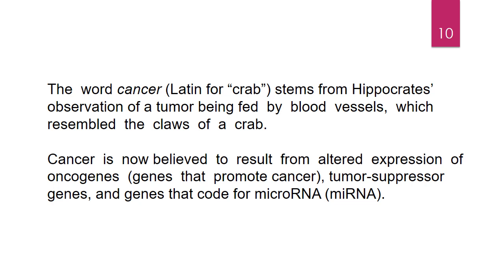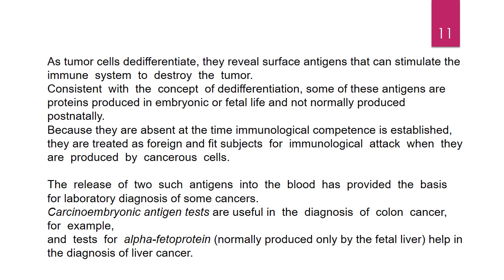Cancer is now believed to result from altered expression of oncogenes, the genes that promote cancer, tumor suppressor genes, and genes that code for microRNA. As tumor cells differentiate, they reveal surface antigens that can stimulate the immune system to destroy the tumor.